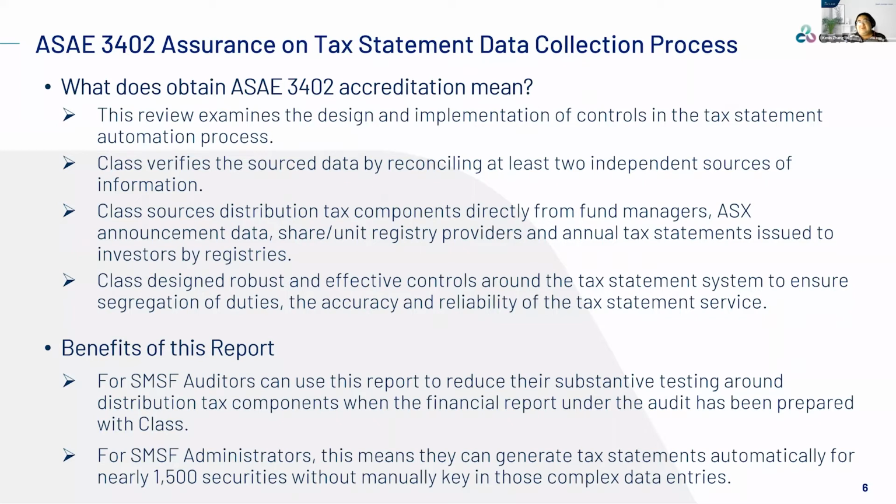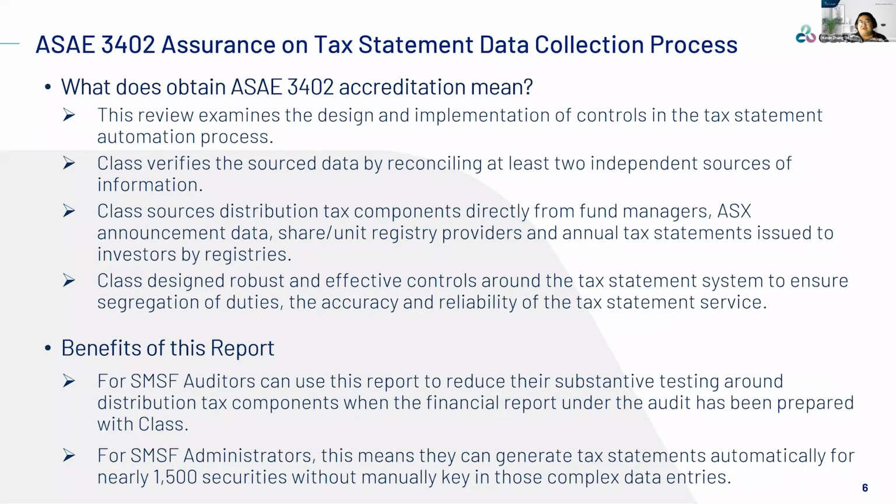Now, Class currently sources those distribution tax components mostly directly from the fund managers themselves. So we have a very close relationship with most of the ETF providers. We also heavily use ASX announcement data, share and unit registry providers, as well as actual annual statements issued to the investors by the share registry directly.